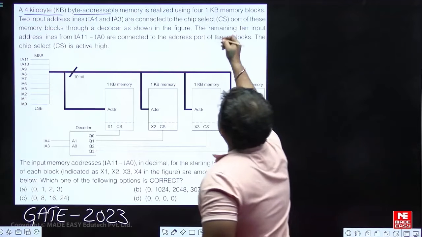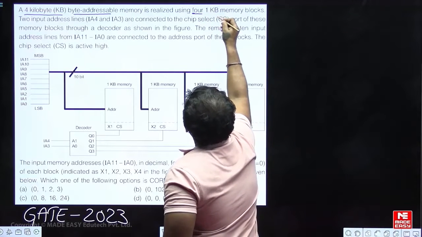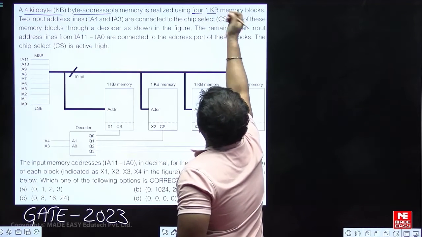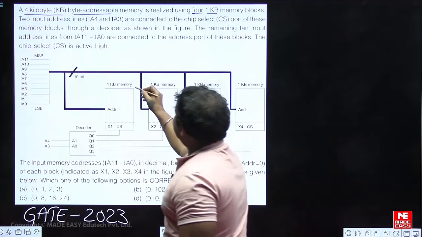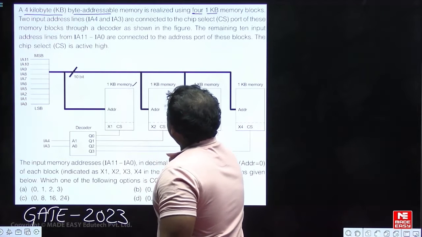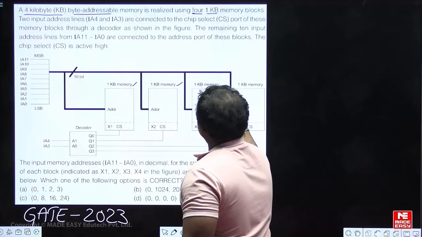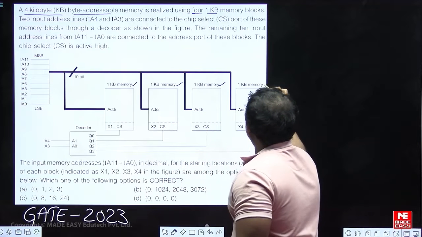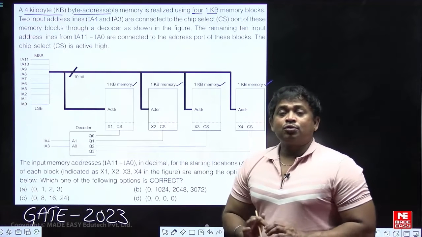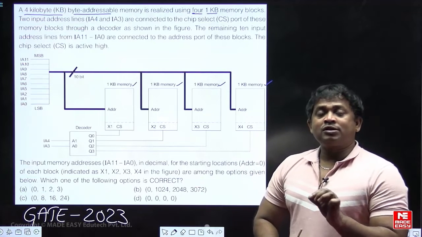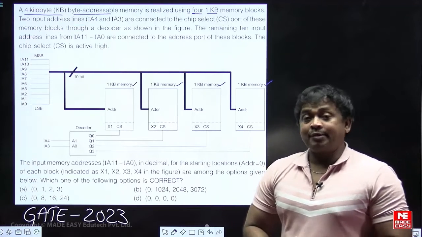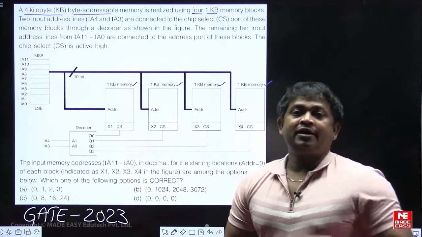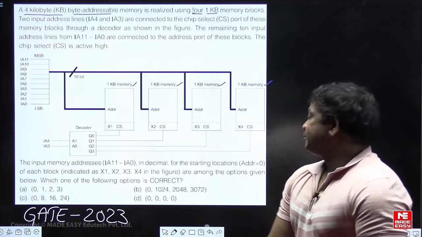So a total of 4 blocks are given, each with a capacity of 1 KB, described in the diagram. This is the first 1 KB block, second 1 KB block, third 1 KB block, fourth 1 KB block. These 4 1 KB blocks are used to describe the 4 KB byte addressable memory unit.